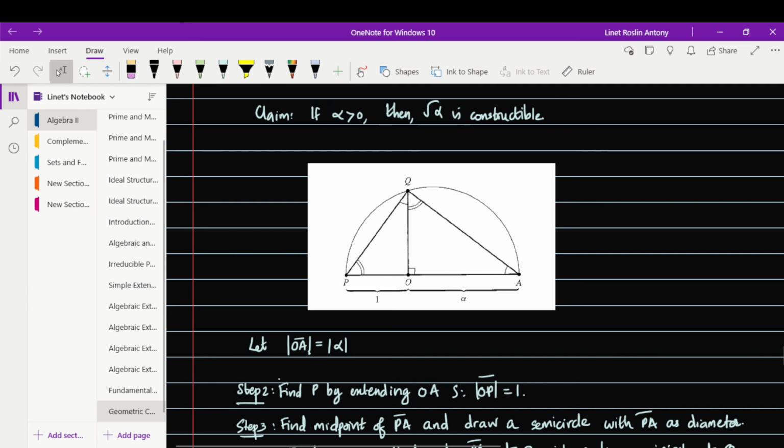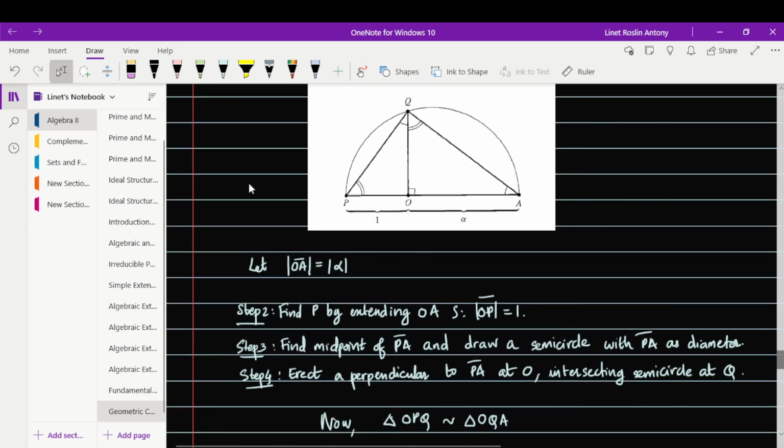So in this figure, modulus of OA bar is equal to modulus of alpha, and since alpha is strictly greater than 0 here, you can say that this is equal to alpha. Step 2 is to find P by extending this OA to the left, such that OP bar has unit length.